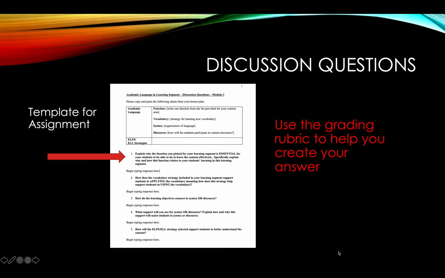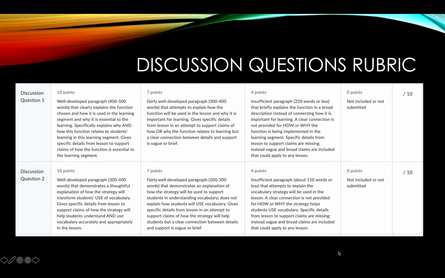So you will also have, as part of the grading rubric, of how those discussion questions are going to be scored. And if you notice on there, it even tells you how many words you need to have in your paragraph. So it really kind of narrows down exactly what you need to have in those paragraphs. So you might want to give that a look before you turn it in or while you're working on it.